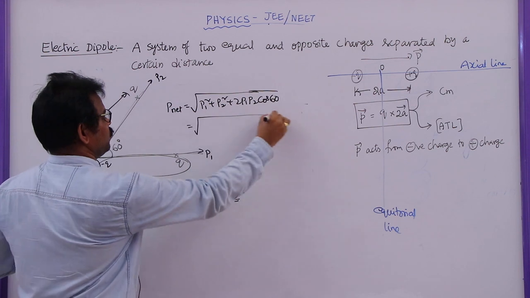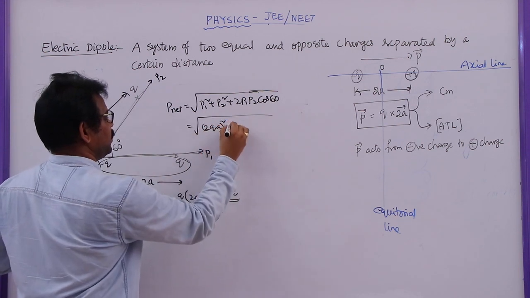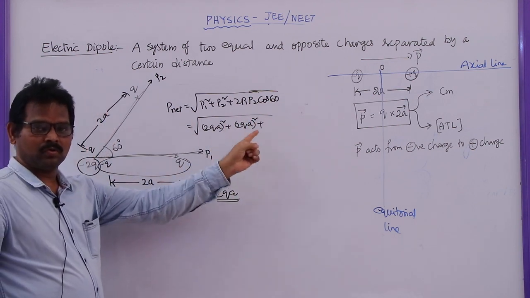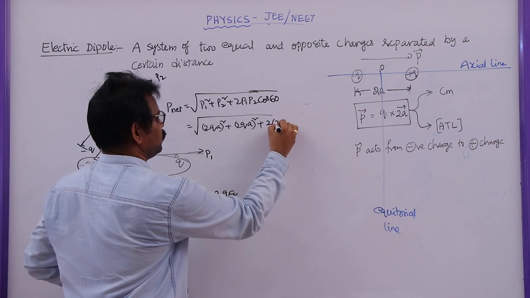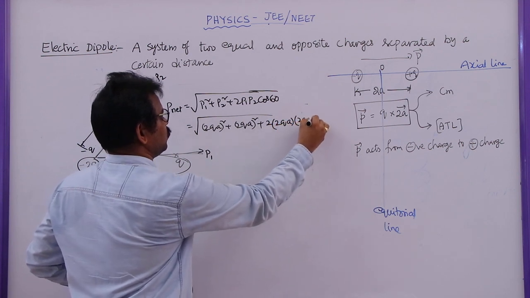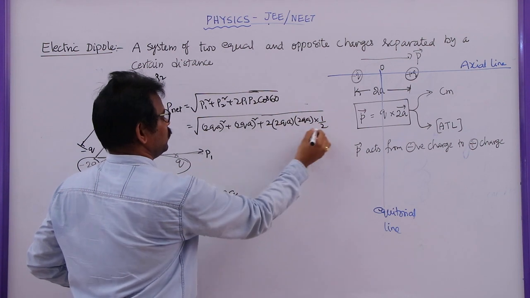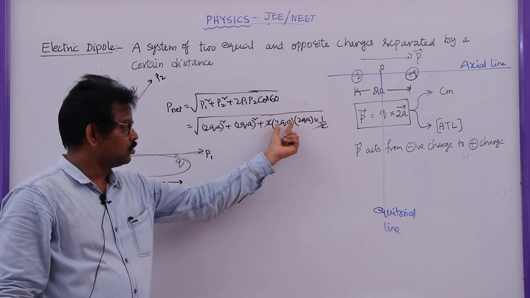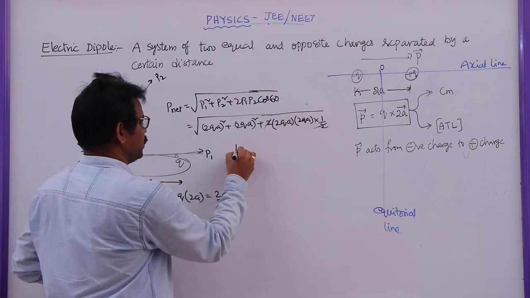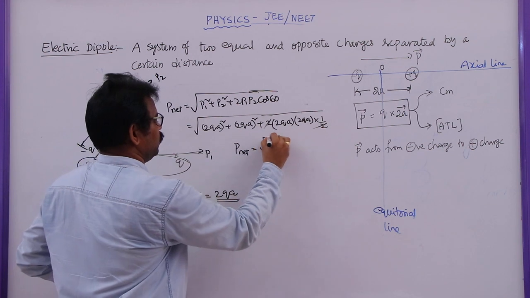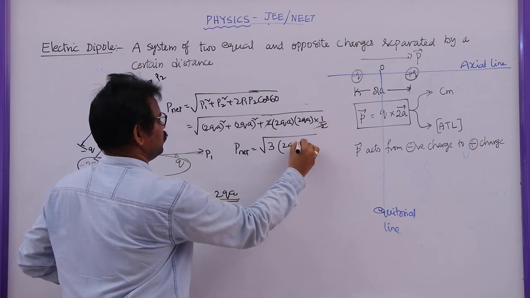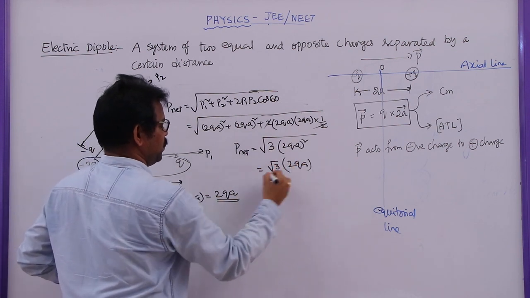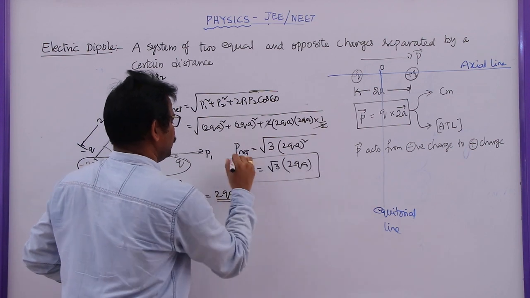If you substitute this, root over (2qa) whole square plus (2qa) whole square plus 2 into 2qa into 2qa into cos 60, which is 1 by 2. Now cancel these two. You will get (2qa) whole square plus (2qa) whole square plus (2qa) whole square, that is 3 into (2qa) whole square. So P net is root over 3 into (2qa) whole square, which gives root 3 times 2qa. This is the P net value for this system.